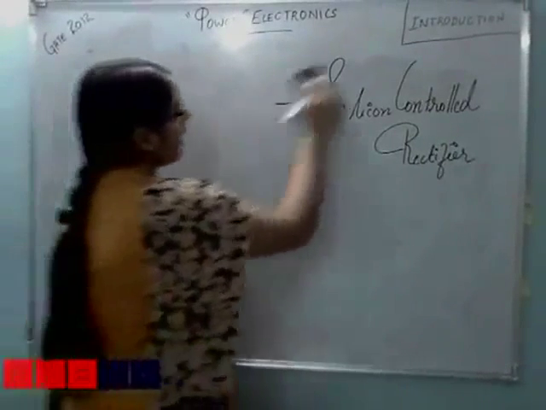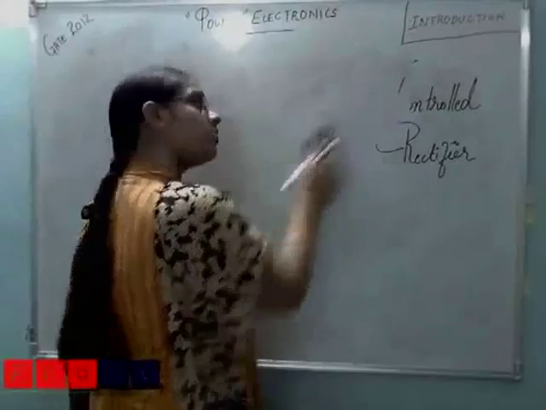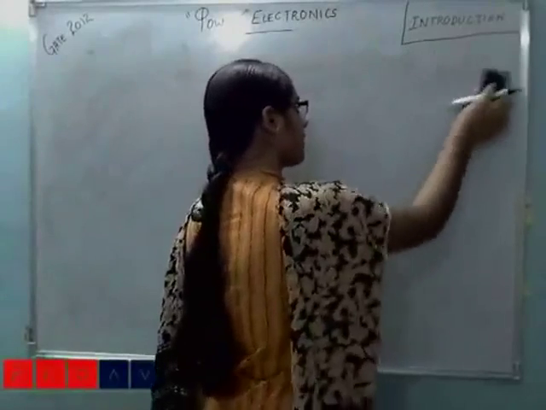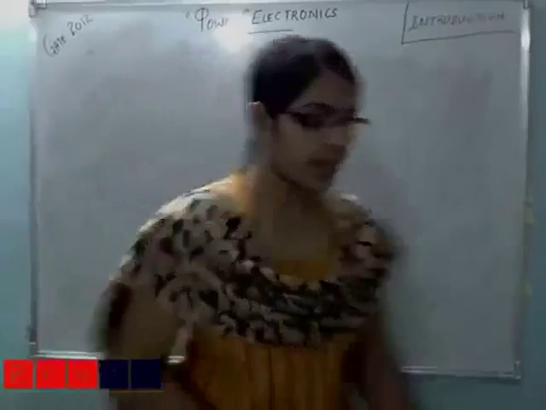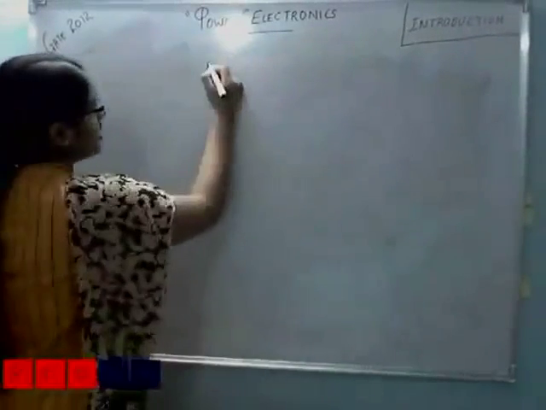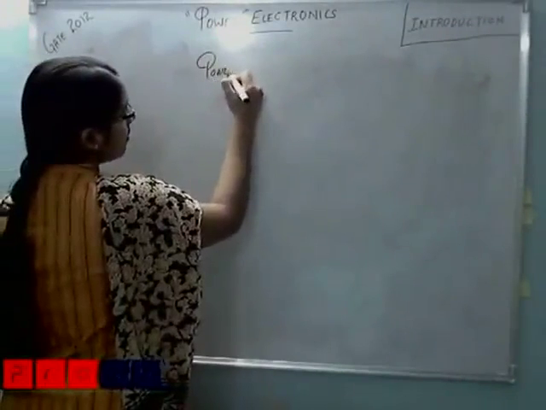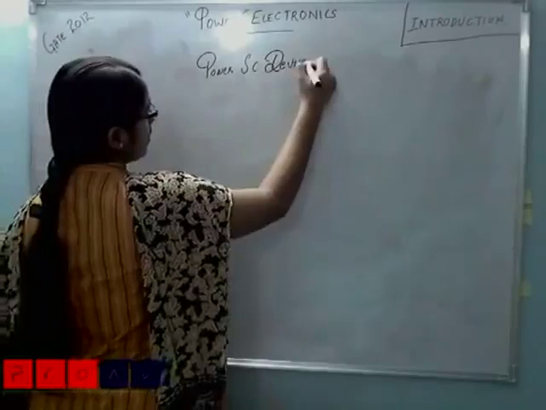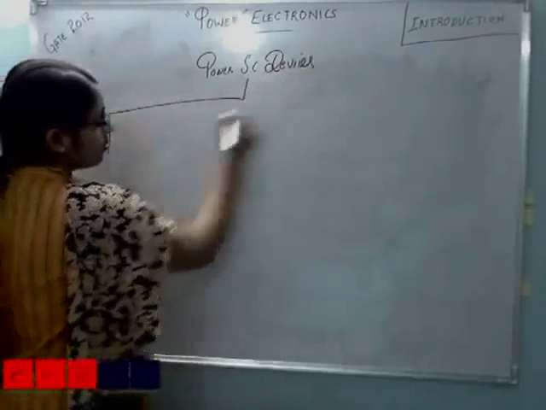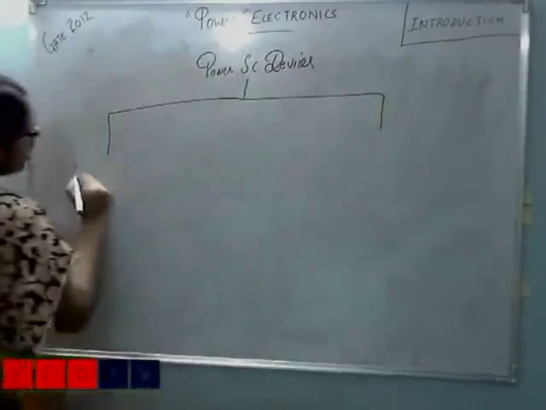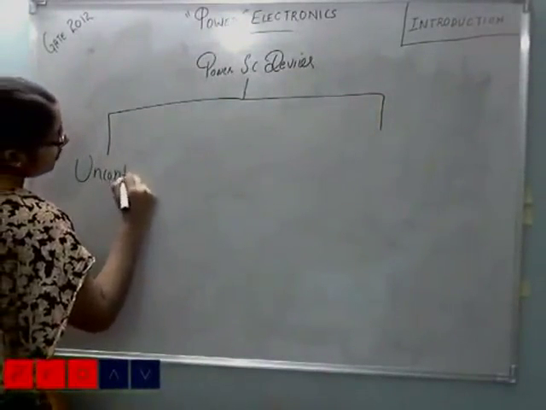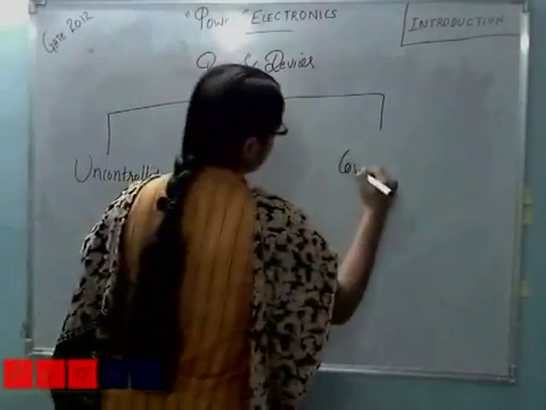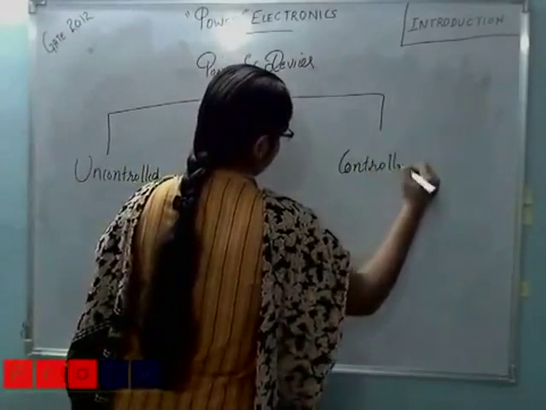Now let us understand the hierarchy of power electronic devices and go further with individual devices. To understand the hierarchy, let me say power semiconductor devices can be broadly divided into two categories: uncontrolled devices and controlled devices.